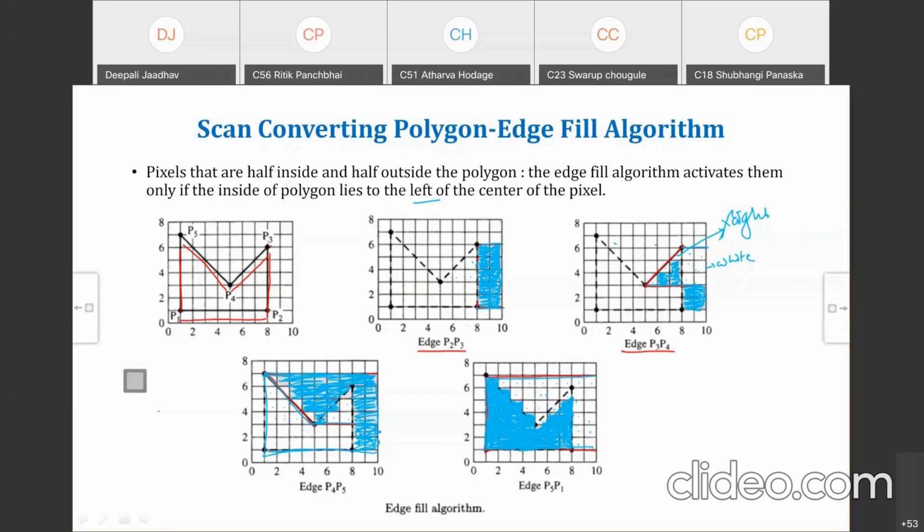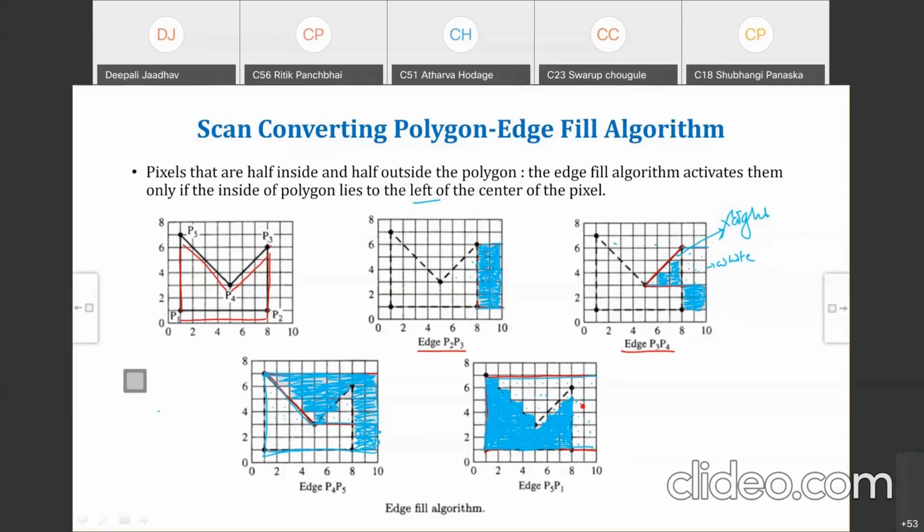Another disadvantage of this is that some of the pixels are repeatedly activated. For example, this pixel here first becomes blue, then becomes white, again becomes blue. Correct? You can observe some of the pixels are activated or scanned many times. These pixels 1, 2, 3, 4, 5, 6. So these become blue here, then here become white, again become blue, again become white.